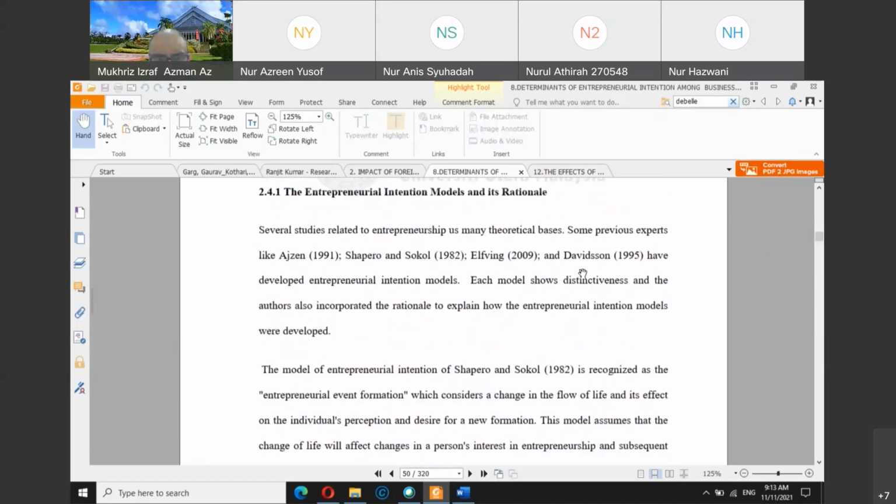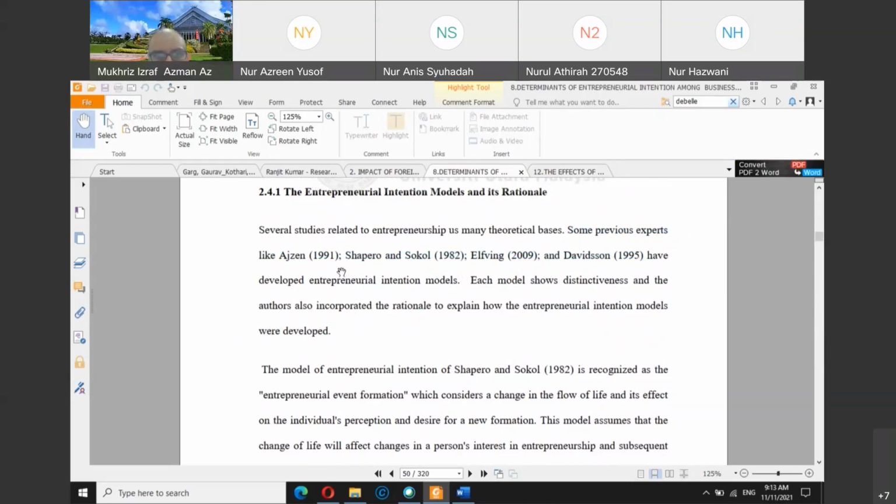So this is chapter 2, right? For example, this one. In this one, you can see some previous experts like Asjan. In this particular sentence, the student is referring to four authors, or four papers: Asjan, Shapiro, Elving, and Davidson.